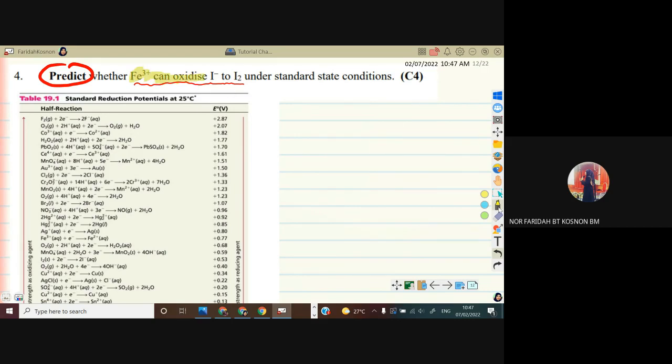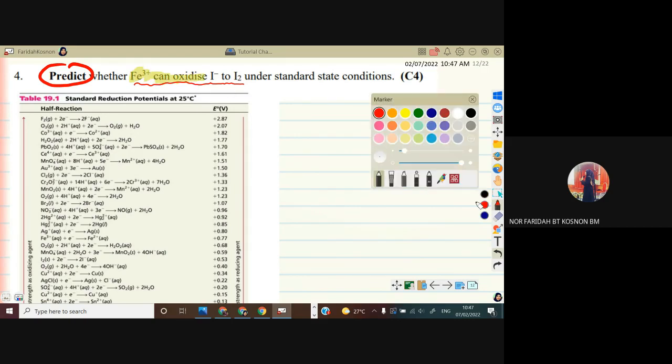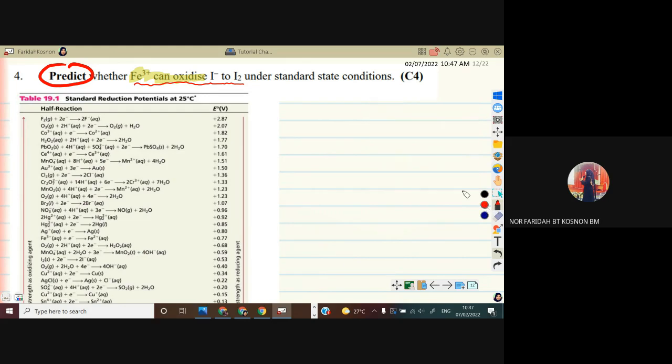Okay, so kita kena faham dia ni oxidizing agent ke reducing agent. Ayat itu memang kena fahamkan. So bila dia kata can oxidize, maksudnya sekarang adakah iron 3 plus ini boleh jadi oxidizing agent untuk oksidaskan I minus to iodine atau tidak?